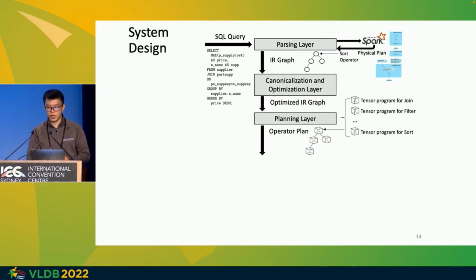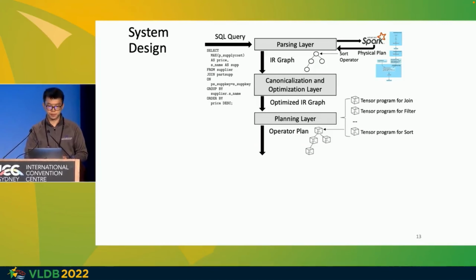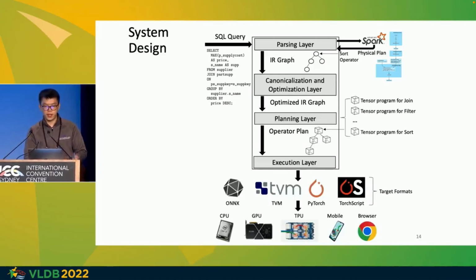For example, tensor implementations for sort, for join, and for filter operators. Finally, the execution layer generates a program using the operator plan that will run at query time on the target tensor runtime. So we can choose to run on different targets like ONNX, PyTorch, TVM, and so on. And once we have a target runtime, we can basically target any hardware that this runtime supports.